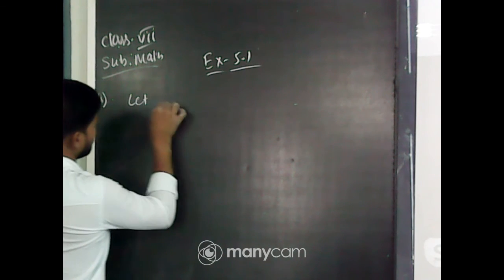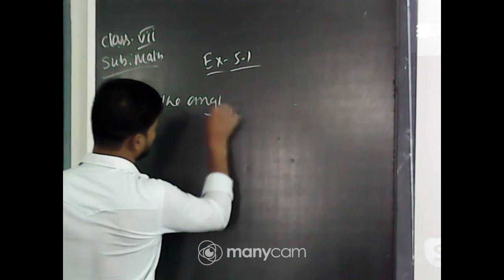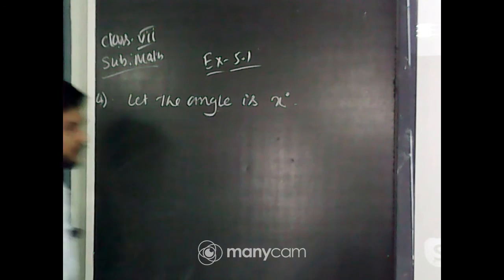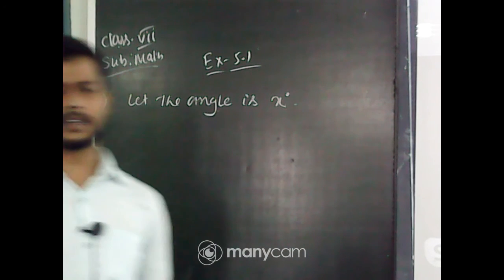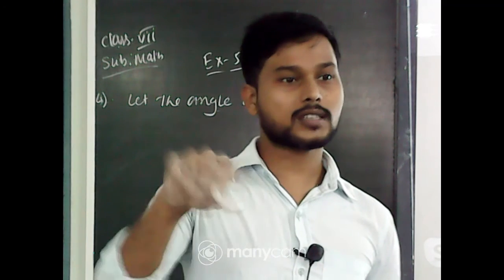Question number 4. Let us consider the angle is x degree. So if one angle is x, can you find out its complementary angle?